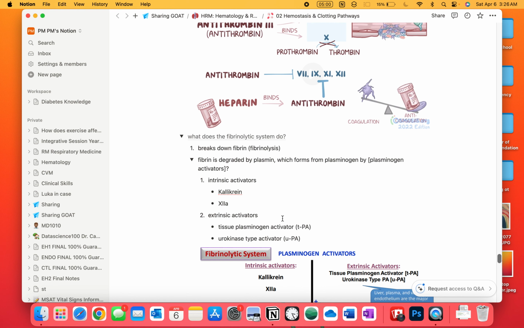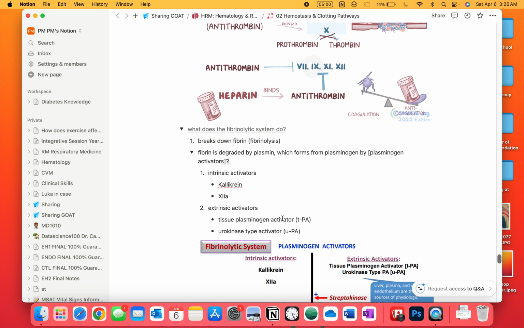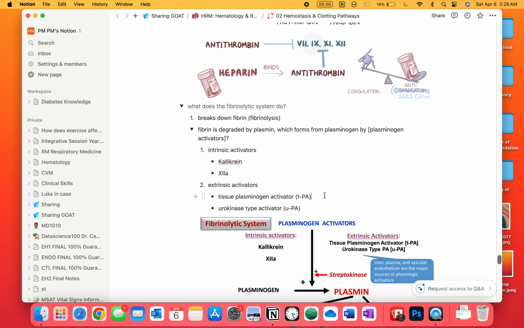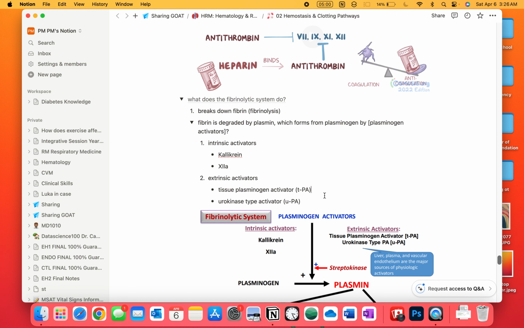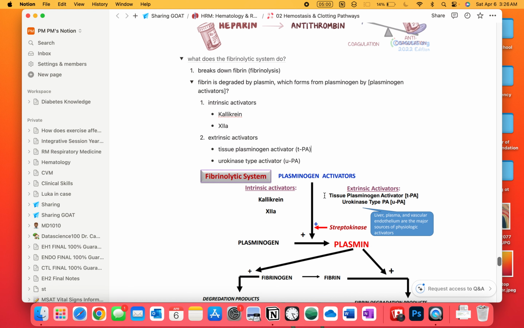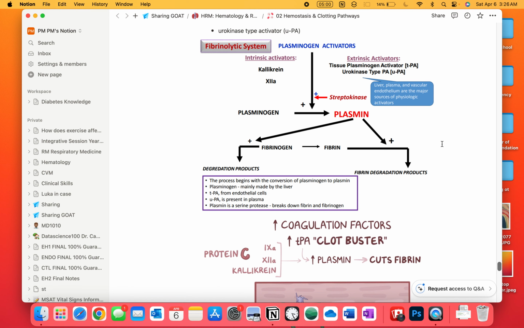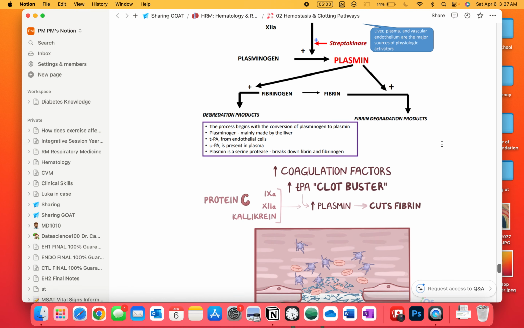Remember, factor 8 and factor 9. Factor 9 is Christmas factor. Factor 8 is antihemophilic A factor, they are different. This is kallikrein and factor 12. Now you have your extrinsic activators: tissue plasminogen activator, urokinase type activator. Wasn't covered in lecture or even the GLS.